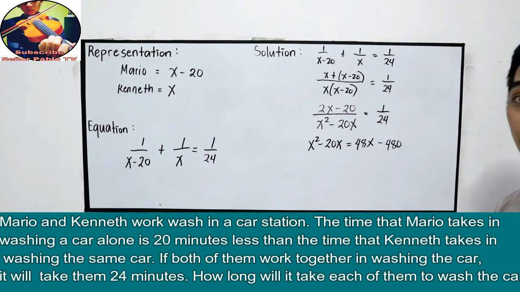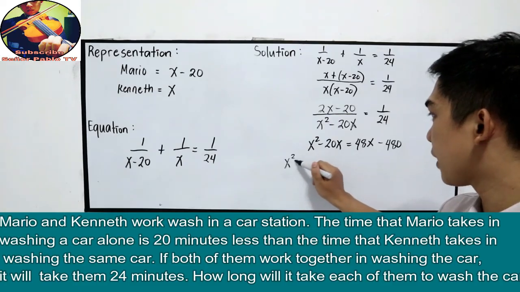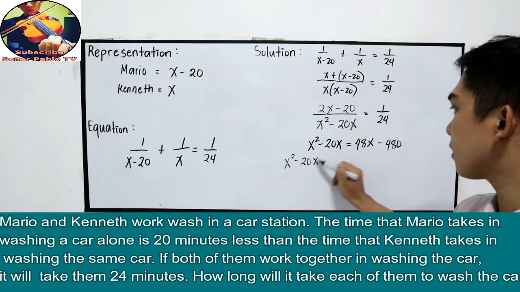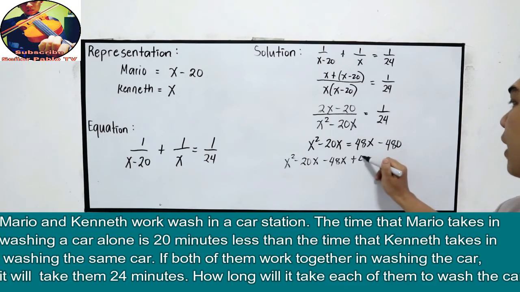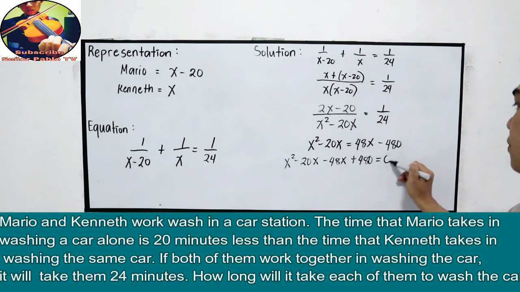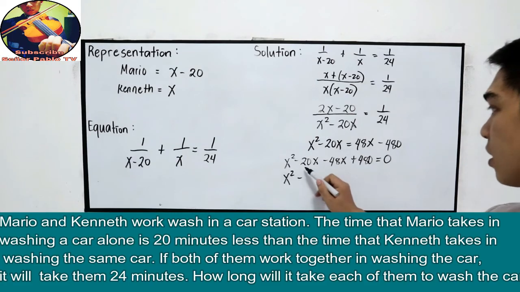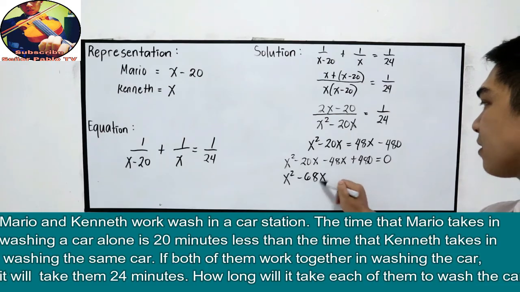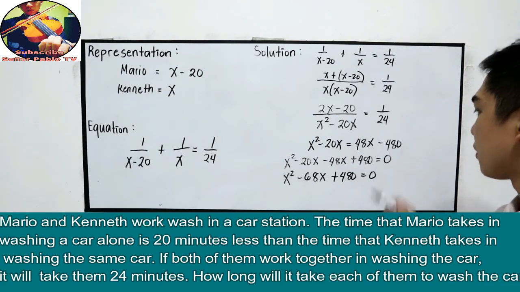Now, let us equate to 0. Transpose. So, x squared minus 20x minus 48x plus 480 is equal to 0. Combine like terms. So, x squared minus 20 minus 48, 68x plus 480 is equal to 0.